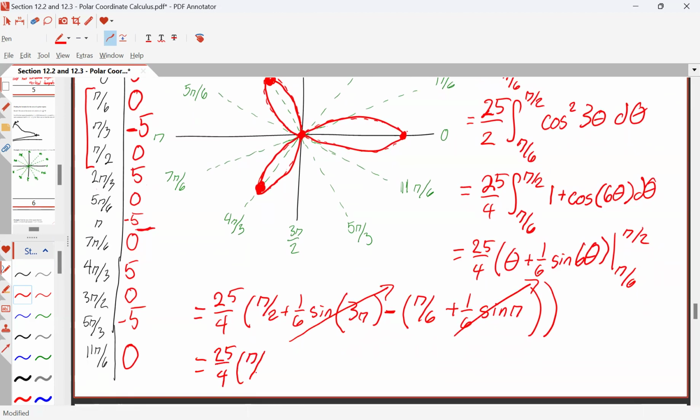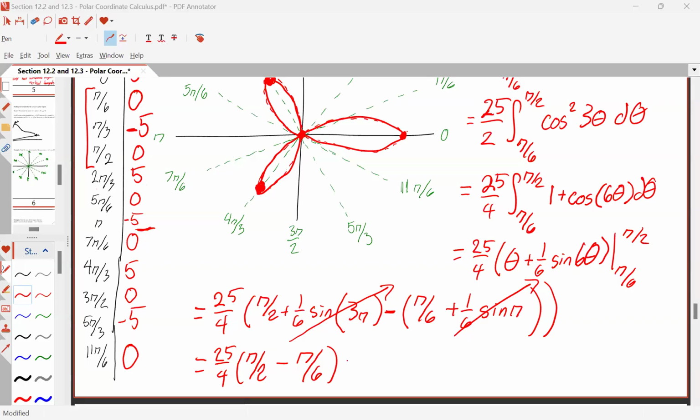25/4 of pi over 2 minus pi over 6. Pi over 2 minus pi over 6 is pi over 3.